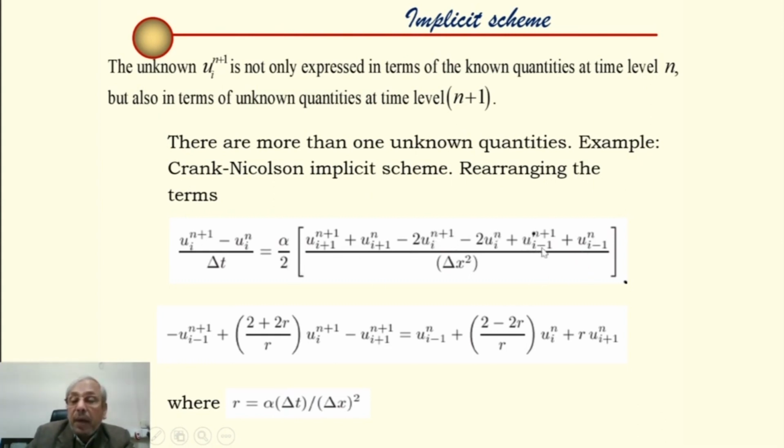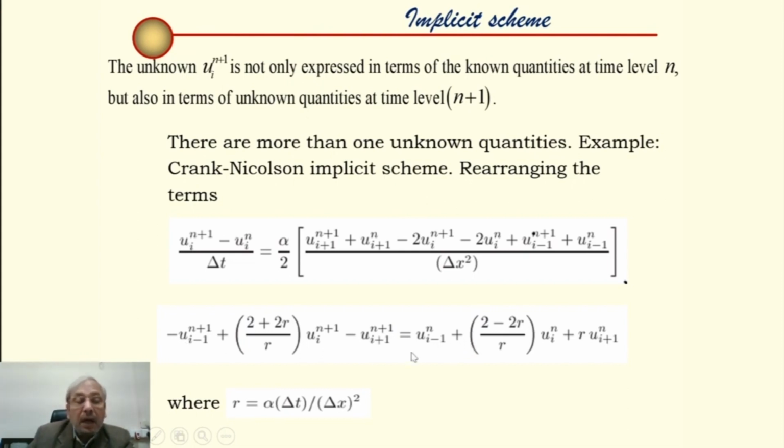Similarly, at the i minus 1 location, ui minus 1 at the n plus 1th level and nth level, divided by 2. And then all unknown quantities, that means all the values expressed at the n plus 1th level, are shifted to the left hand side.